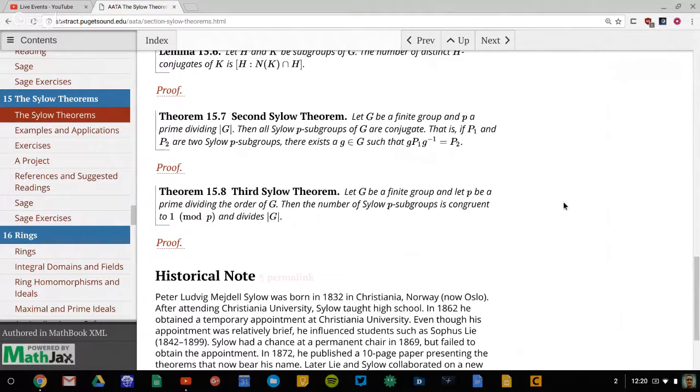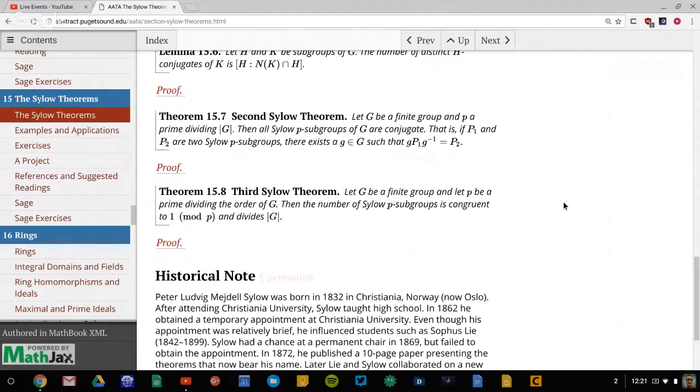Okay? So the second one says basically that all the different Sylow P subgroups for a fixed prime P dividing the order of G are all conjugate to one another. So G is a finite group, P is a prime dividing the order of G. All of the Sylow P subgroups of G, could be many, are conjugate to one another. So P1 and P2 are two such Sylow P subgroups. They're going to be conjugate, meaning there will be an element g from the group such that g P1 g inverse is equal to P2.